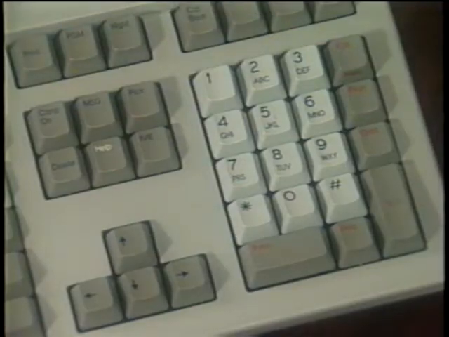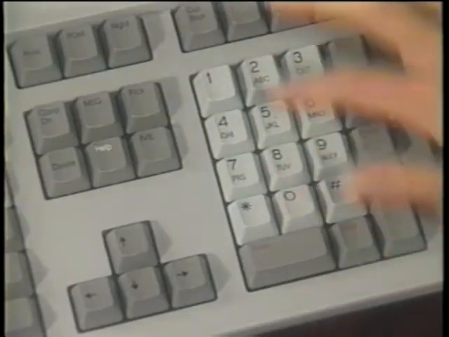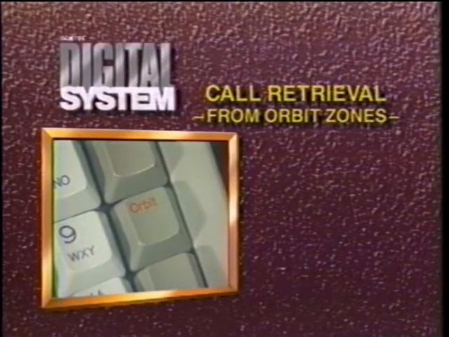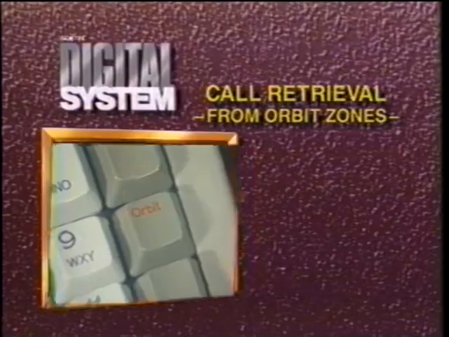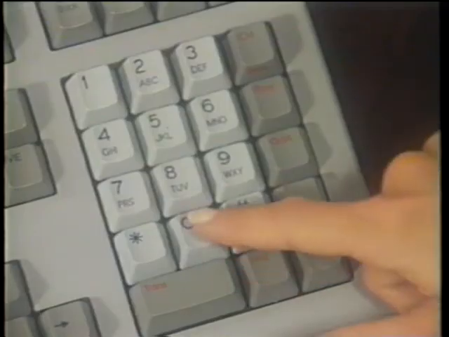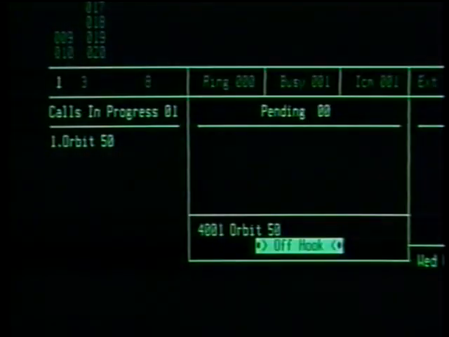This time, touch the release key, then the pick key, followed by the 3-digit extension number assigned to the call, and the call is there. You retrieve calls from orbit zones by lifting the handset, pressing release, orbit, and the last digit of the zone number where the call is parked. You'll find that zone number in the Calls in Progress box.